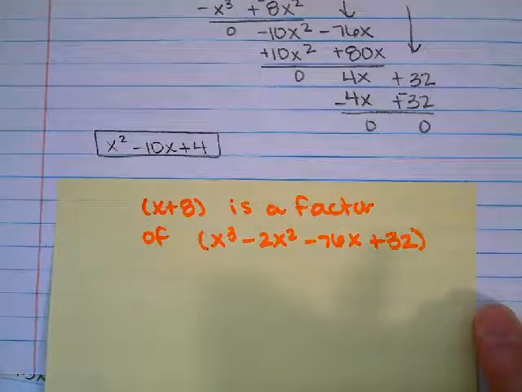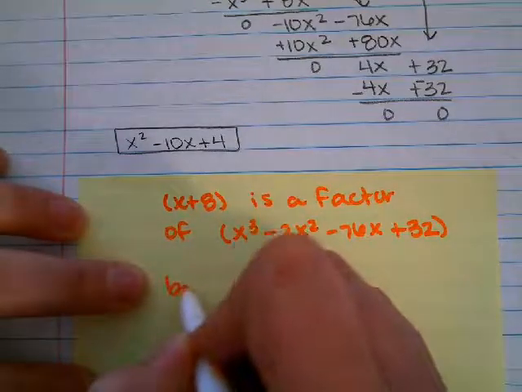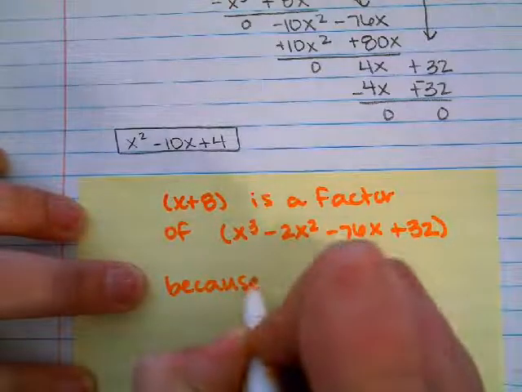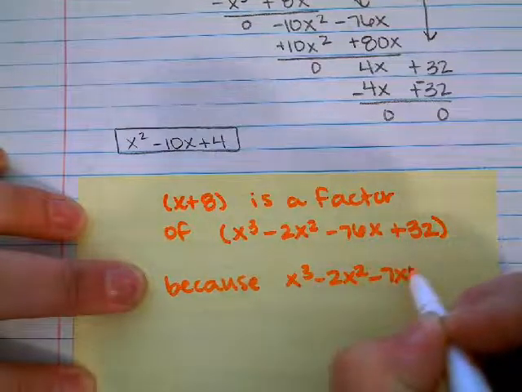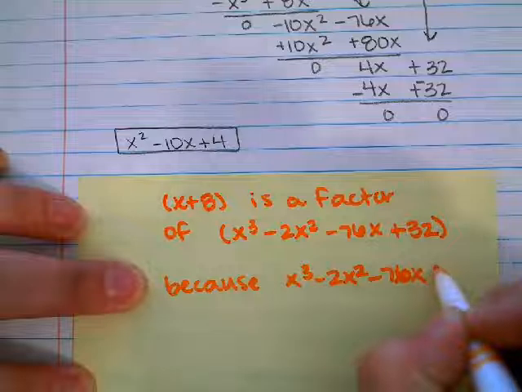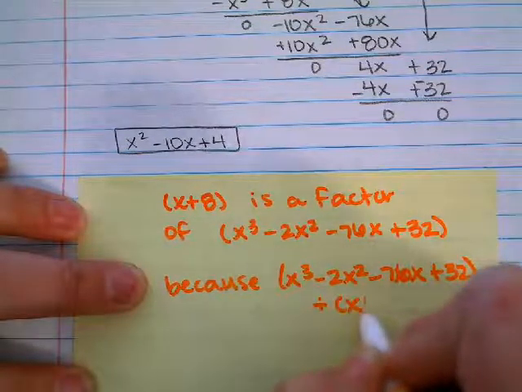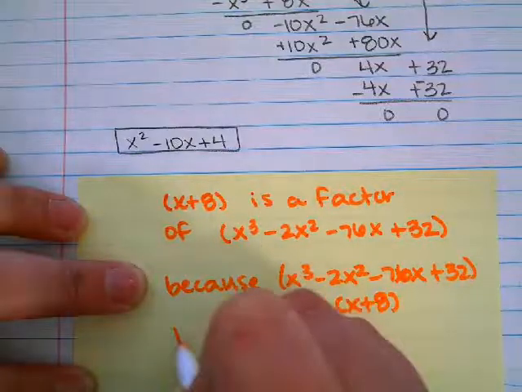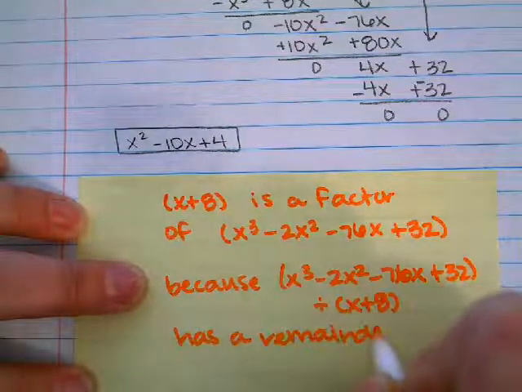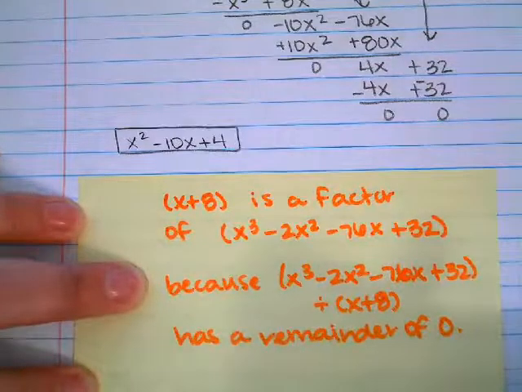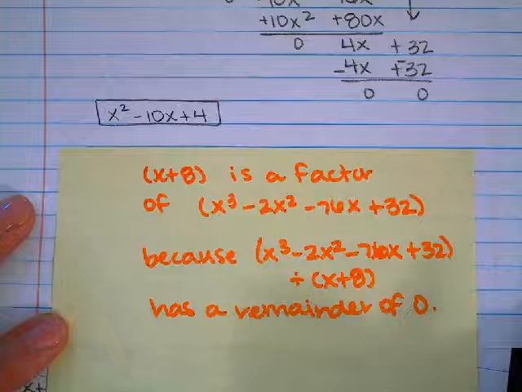If you think you'll remember it, then you don't need to, but if you think you might forget why, you can say because x to the third minus 2x squared minus 76x plus 32 divided by x plus 8 has a remainder of 0. Okay. So it is a factor because it has a remainder of 0.